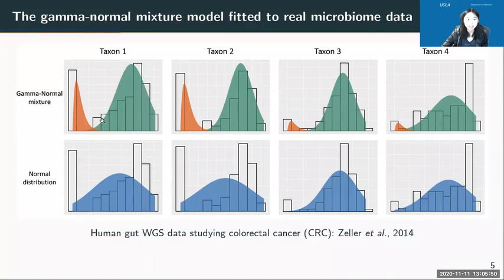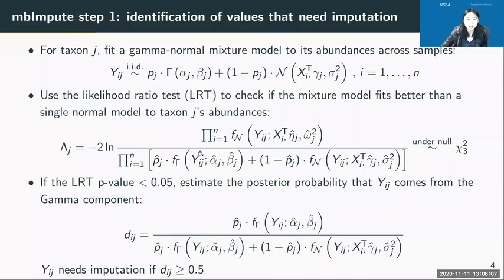But as you said, if the gamma turns out to have a very wide spread, not concentrated around 0, then the mixture model may not actually fit better than a single Gaussian. My hypothesis is that those will be excluded by the likelihood ratio test. So in that case, we will not fit a gamma normal mixture model for use.